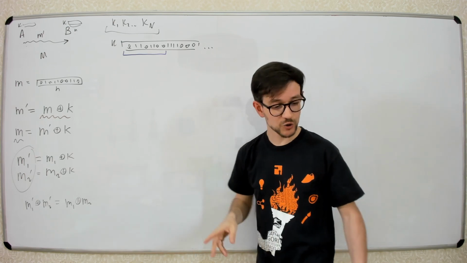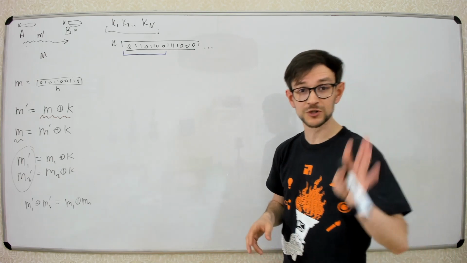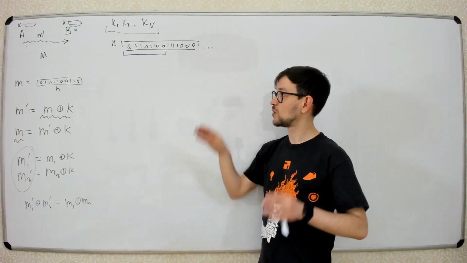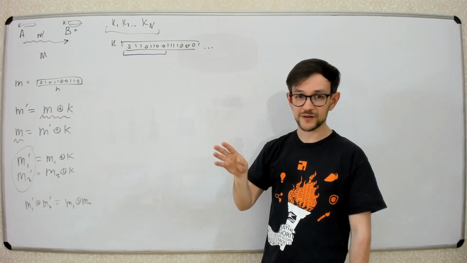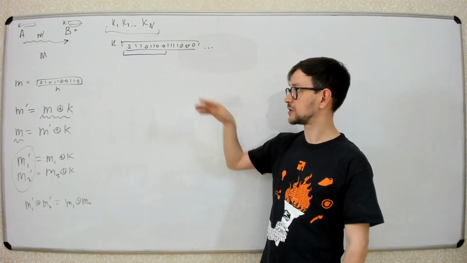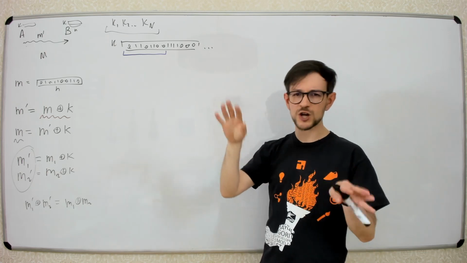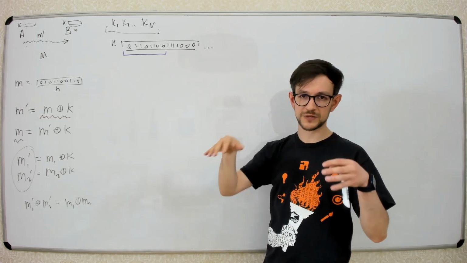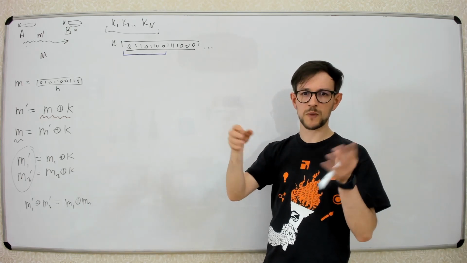It's hard to explain how to say if a cipher is good or bad, but there are some good ciphers which work with a given key. So if A and B share the same key, there are some good ciphers which can encrypt your data, and it is pretty secure. They kind of shuffle the bits, they XOR them with something random. So in the end, you have no patterns in these bits.